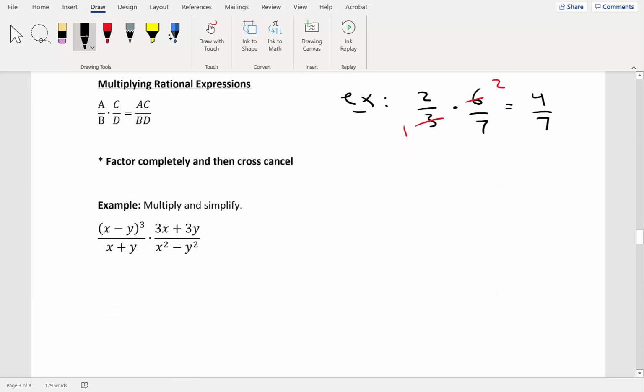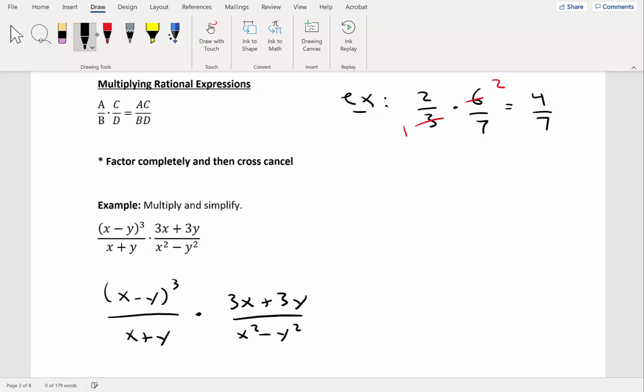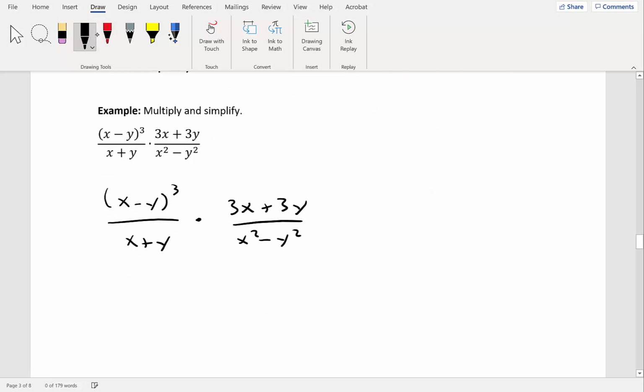Let's take a look at this first example. So we have x minus y raised to the third all over x plus y, times 3x plus 3y all over x squared minus y squared. So let's go ahead and factor each fraction completely, the numerator and the denominator. Now x minus y raised to the third power, I'm going to rewrite it this way.